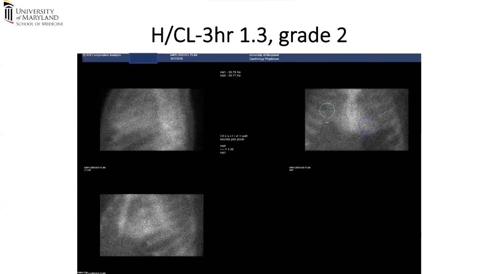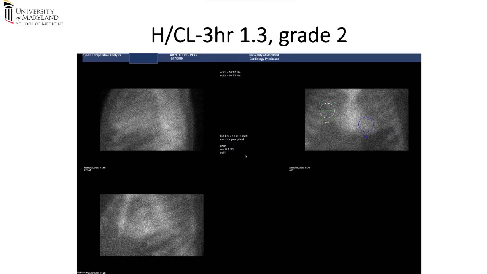Now, this is one from my lab that I pulled. And interesting, this is a 3-hour study. What I wanted to point out here, we have our region of interest in different places. If we put it right here, we were going to get maybe liver, get some rib involved. It's okay to move them where they're different. Now, of interest, this is 1.3 at 3 hours.